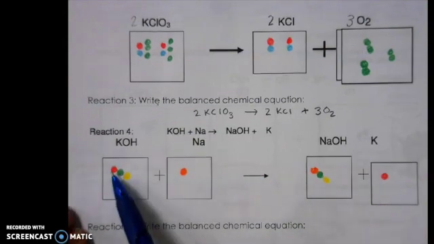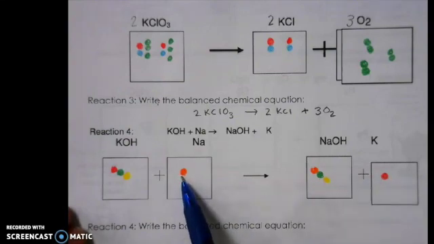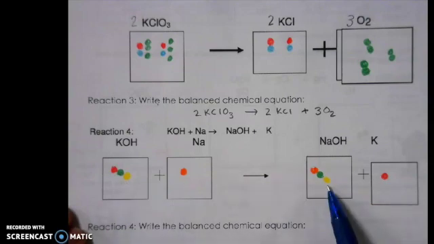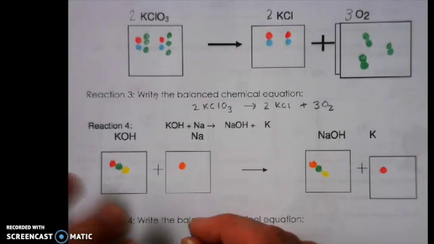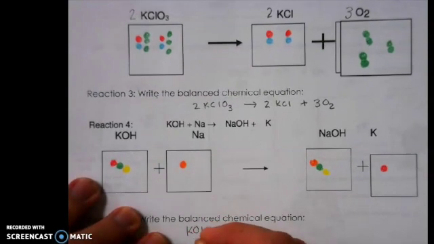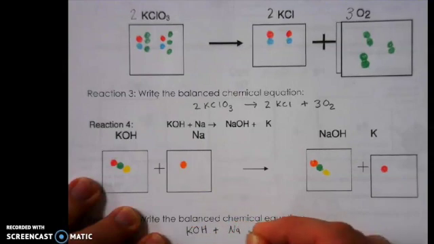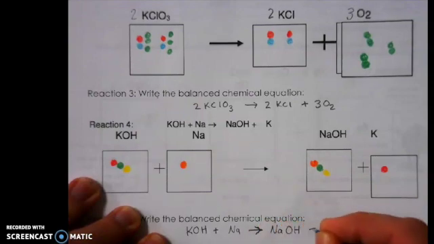And in this case, the potassium and the sodium just kind of traded places. Here the sodium was by itself, the potassium was with OH, here the sodium's with OH, and potassium's by itself. So, easy peasy, our reaction is KOH plus Na yields NaOH plus K.